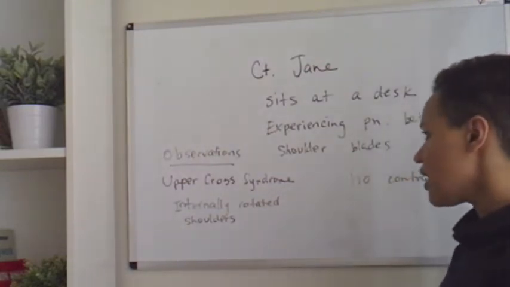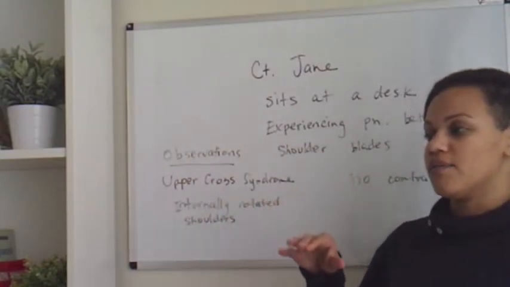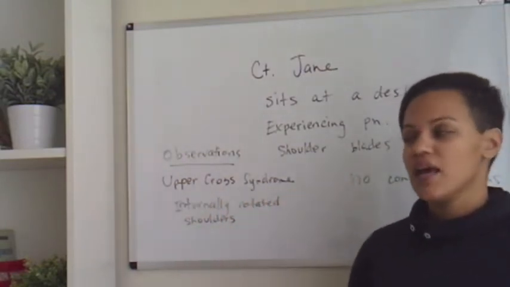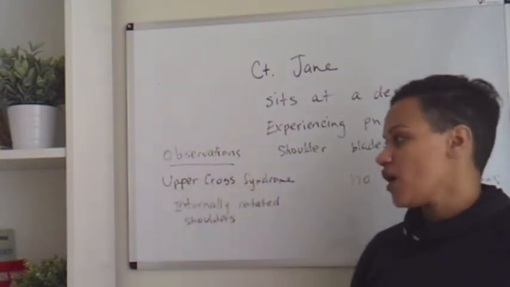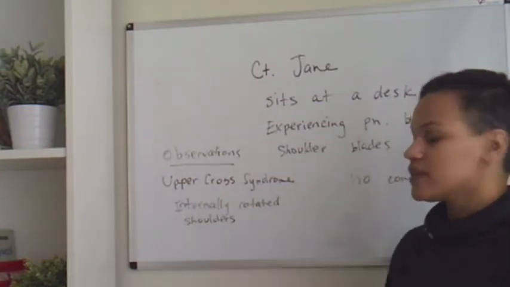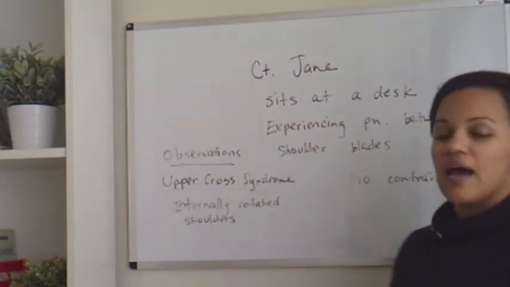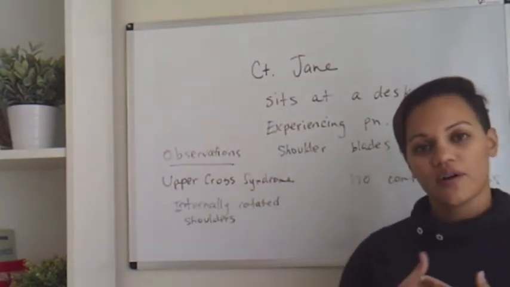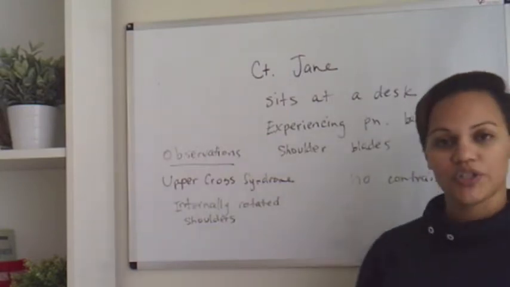Okay? When we do our postural analysis, we discover that this person has upper cross syndrome, or what appears to be upper cross syndrome. And we also notice that she has internally rotated shoulders. And as usual, we always want to check for medical history and make sure that she has no contraindications.